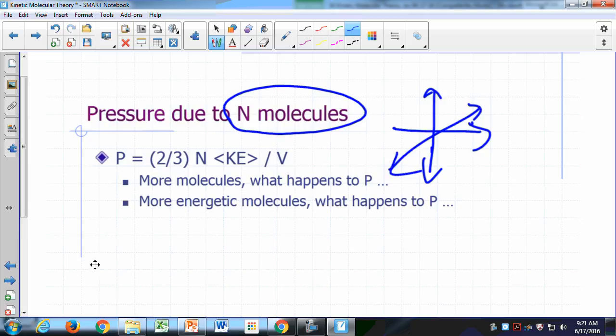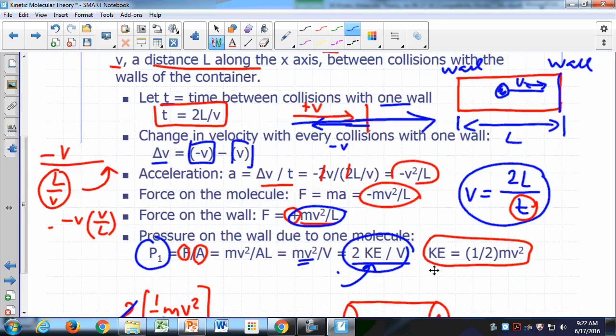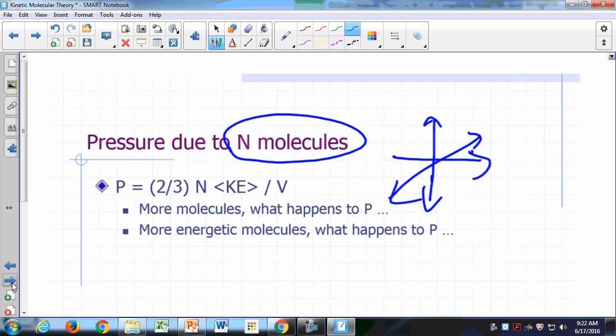And so, if you did carry on this analysis that we did here and extend it to 3 dimensions with lots of molecules, you'll find that for n molecules, the pressure will be equal to 2/3 times the number of molecules n times the average kinetic energy of those molecules divided by the volume.